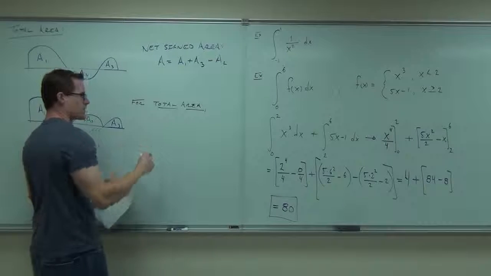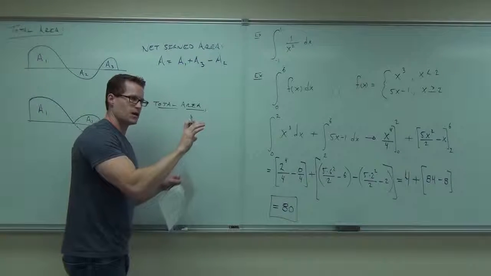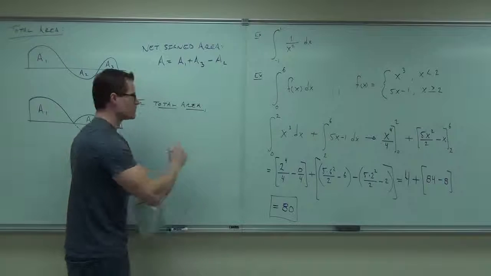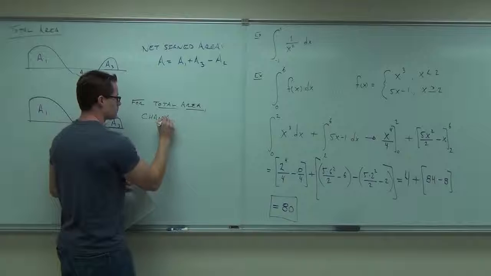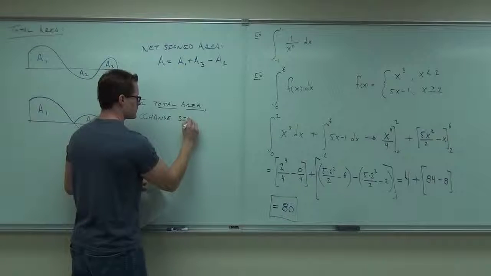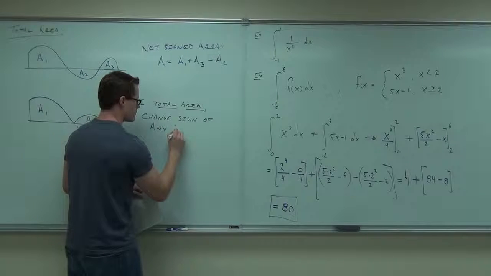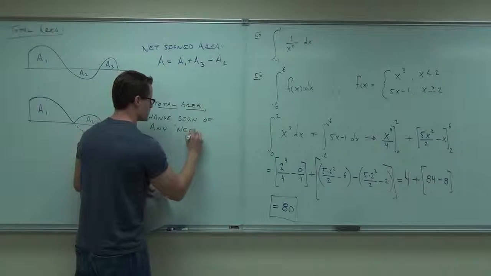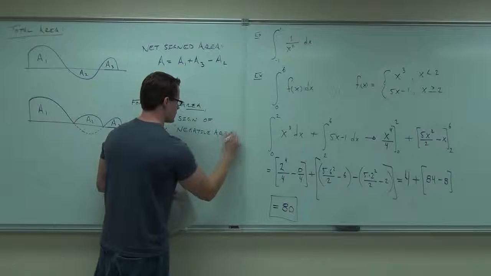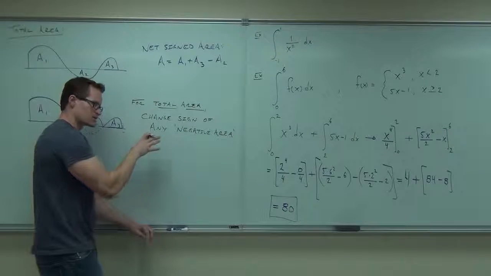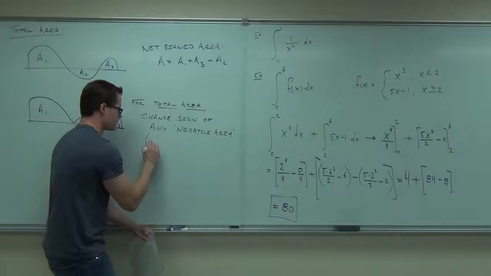So for total area, we need to change the sign of area 2, or in other words, the area of any piece of the region that is negative. In this context, excuse me, that's the area that's below the x-axis.